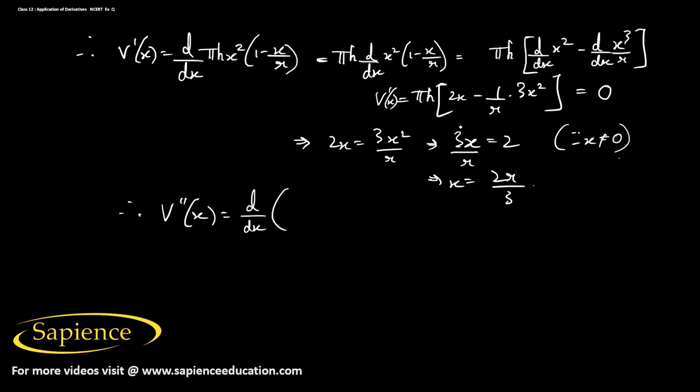So that is equal to 2 pi h x minus 3 pi h x square by r. So that will be 2 pi h into dx by dx, that is 1, minus 3 pi h by r into d by dx of x square, that is 2x.